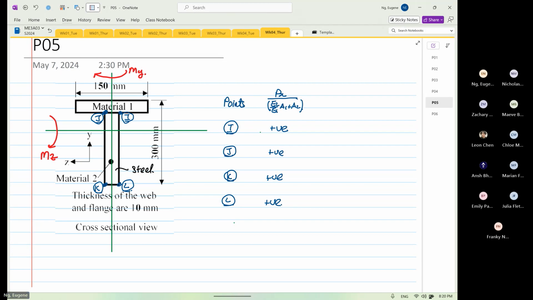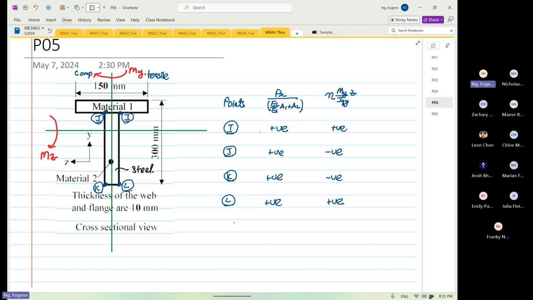Now, if we look at My over Iyy multiplied by Z, we are looking at moment about Y. So we know that this side is in compression, and this side is in tensile. So I is in tensile, so it's positive. J is in compression. K is in compression. L is in tensile.